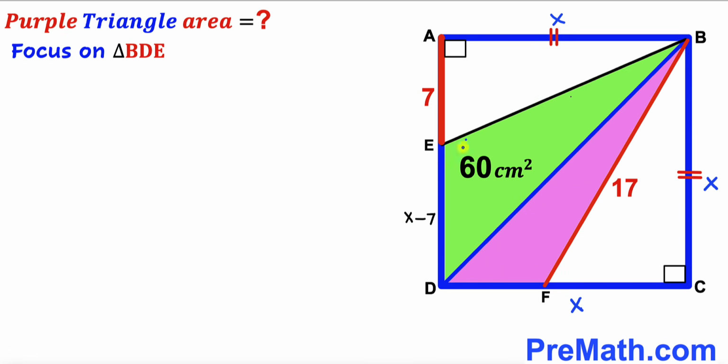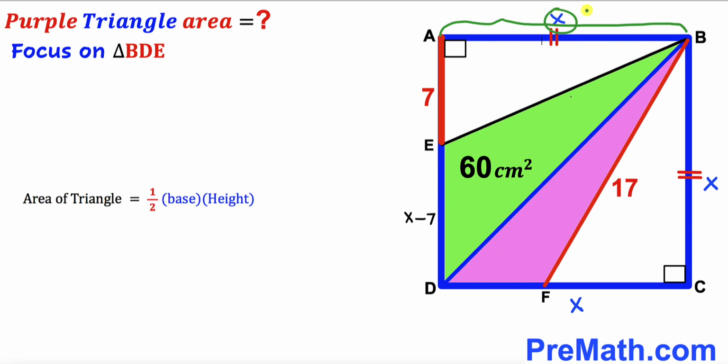Now we are going to focus on this green shaded triangle BDE. The area of this triangle has been given to us as 60. Let's recall the area of a triangle formula: area is always equal to a half times base times height. Here the base of this green shaded triangle is x minus 7, the height is x, and the area is 60.